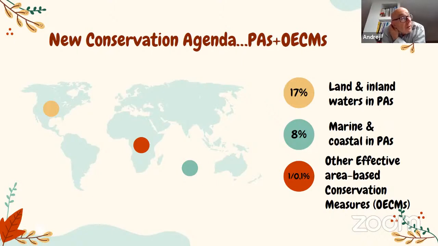So for the future, we'll have 3 components, and the negotiations are still going on about how much land and oceans should be protected. But well, it is around 30%. It's still not officially confirmed, and negotiations are still going on.